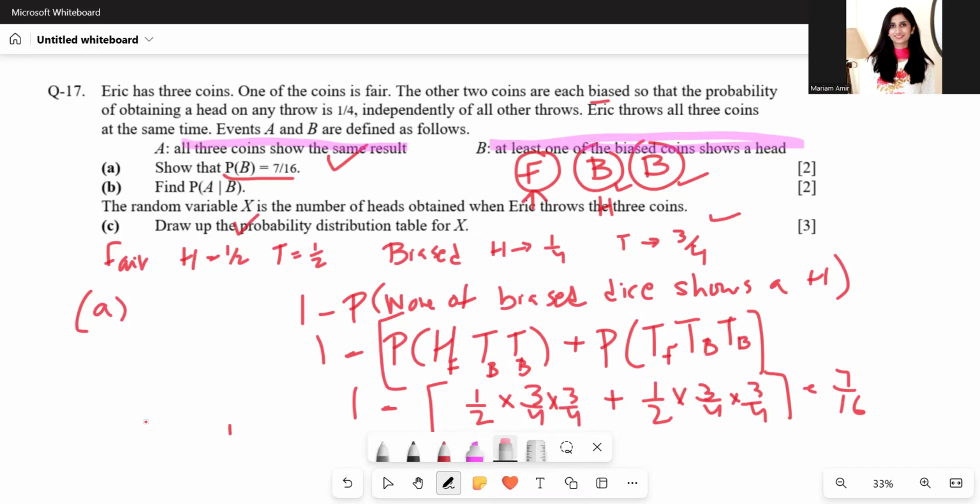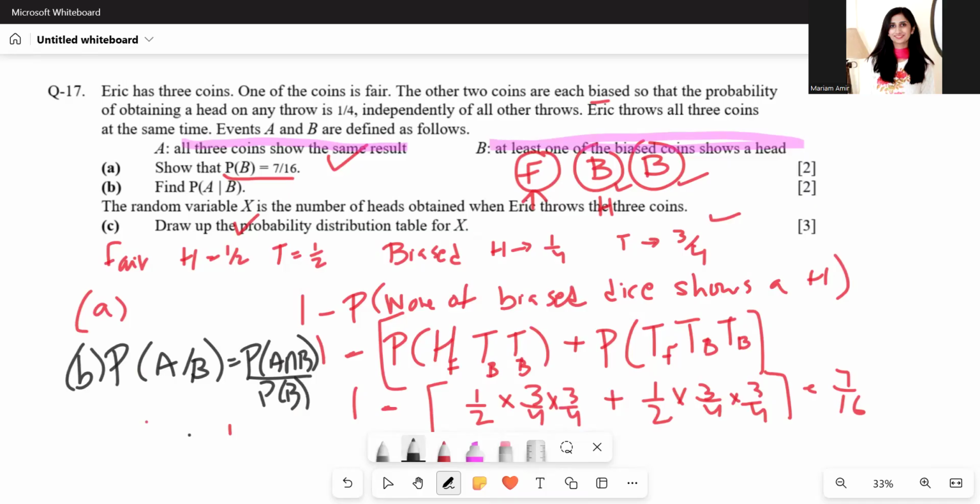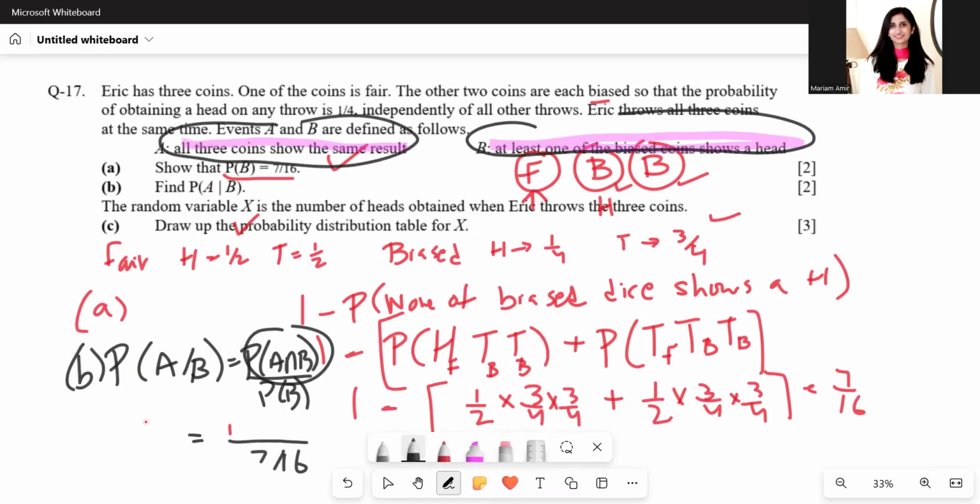So for part B, it says probability A given B. So numerator is probability A and B, and denominator is probability of B. Probability of B we've already found, it's 7 by 16. Probability of A given B would mean this is also happening and this is also happening simultaneously.